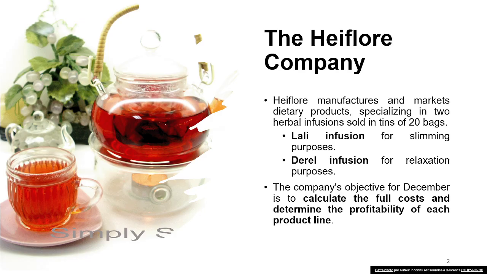This company produces two kinds of herbal infusion. In the 20-pack, we have a lady infusion and a Duran infusion. Our objective is to calculate the full cost and determine the profitability for each product line.